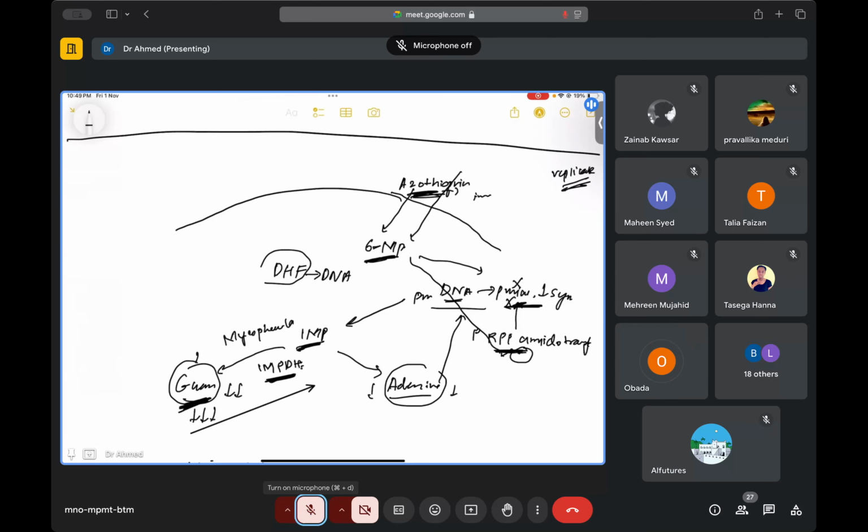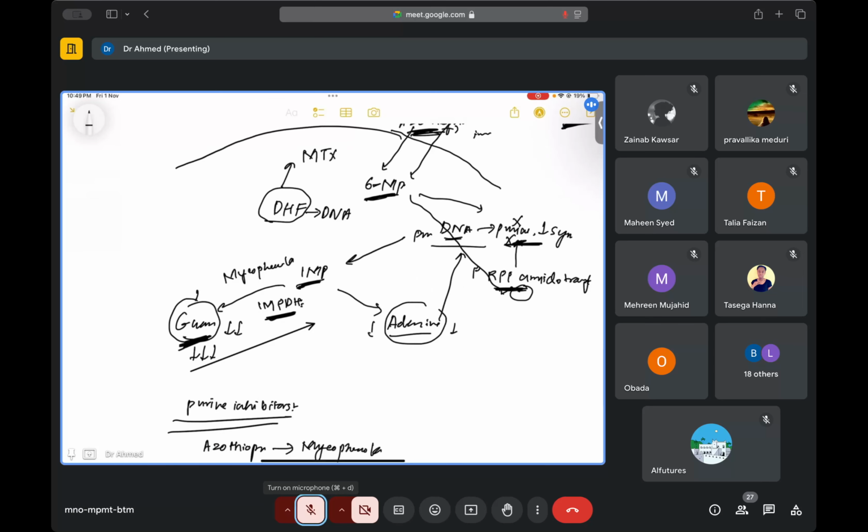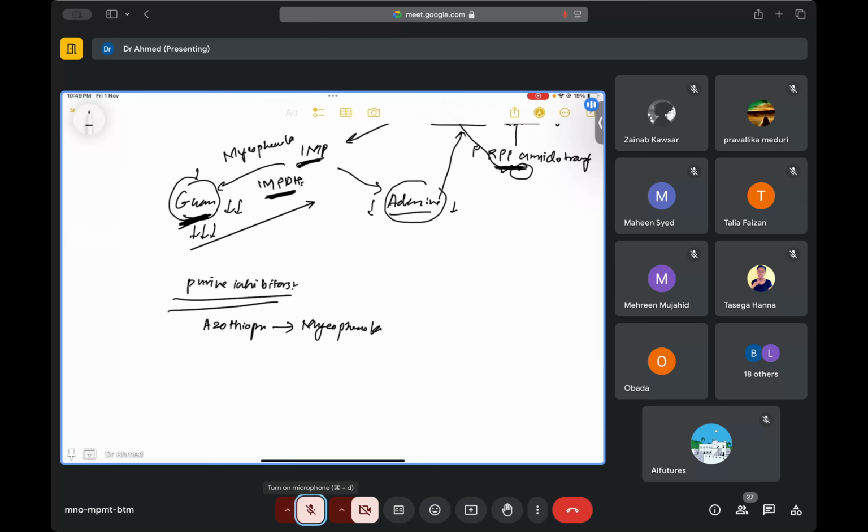If I am inhibiting dihydrofolate, what's the drug? Methotrexate. Again, you are going to see less formation of DNA and less replication, and it can be used as an immunosuppressant. Simple. So examples of purine inhibitors: azathioprine, 6-MP, mycophenolate, and methotrexate also you can say.